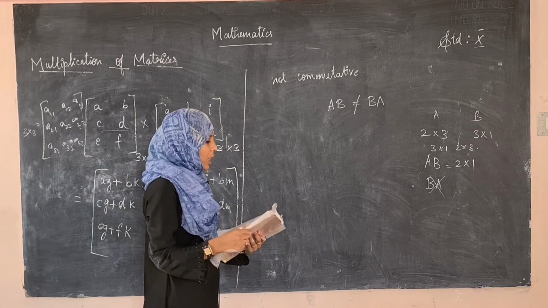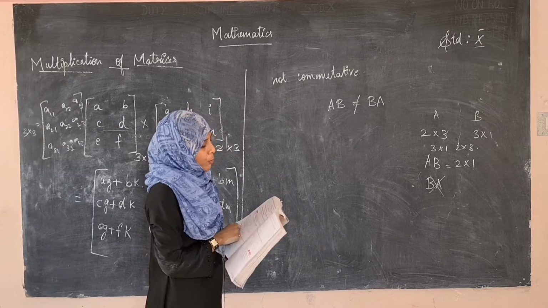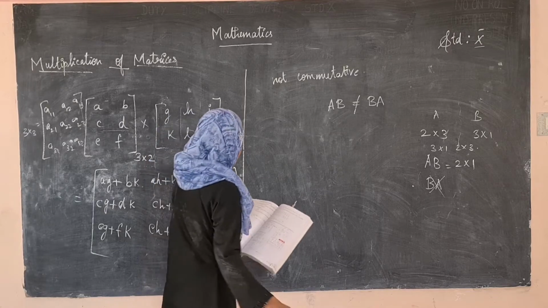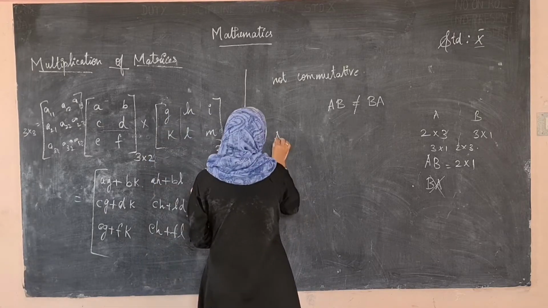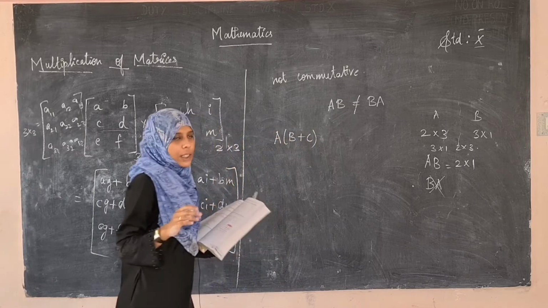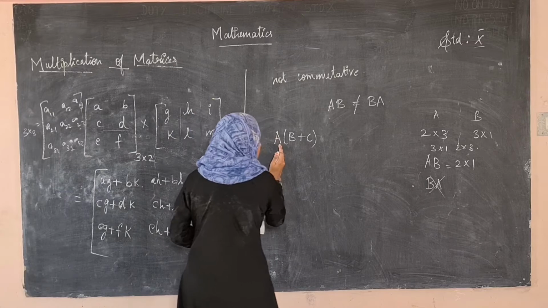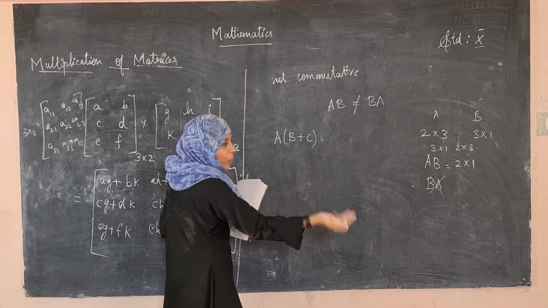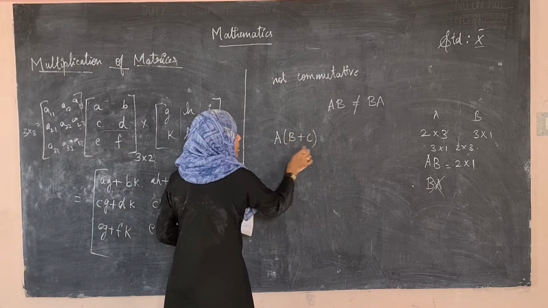Okay, next one is matrix multiplication is distributive over matrix addition. That is, if you take three matrices, matrix multiplication is distributive over matrix addition.